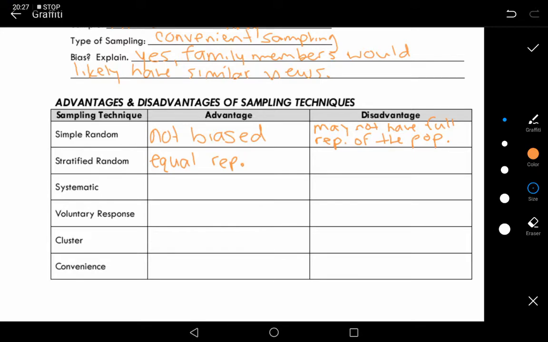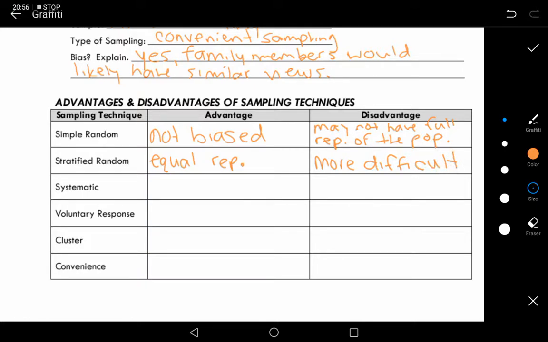It depends what you're looking for, right? But you're going to have an equal representation of all of those populations. A disadvantage is that breaking people into these different subgroups might be a little bit more difficult, so we're just going to say it's more difficult to do, depending on what your survey is on.